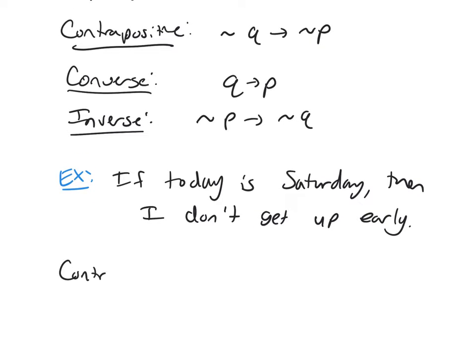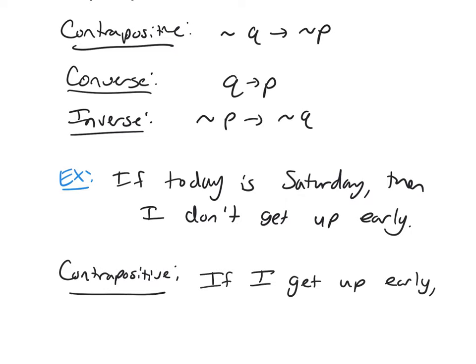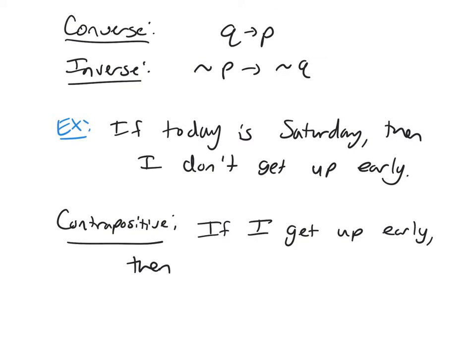Let's start with the contrapositive. You're going to flip them and negate them. So you negate I don't get up early: if I do get up early, then now negate today is Saturday, which becomes today is not Saturday.